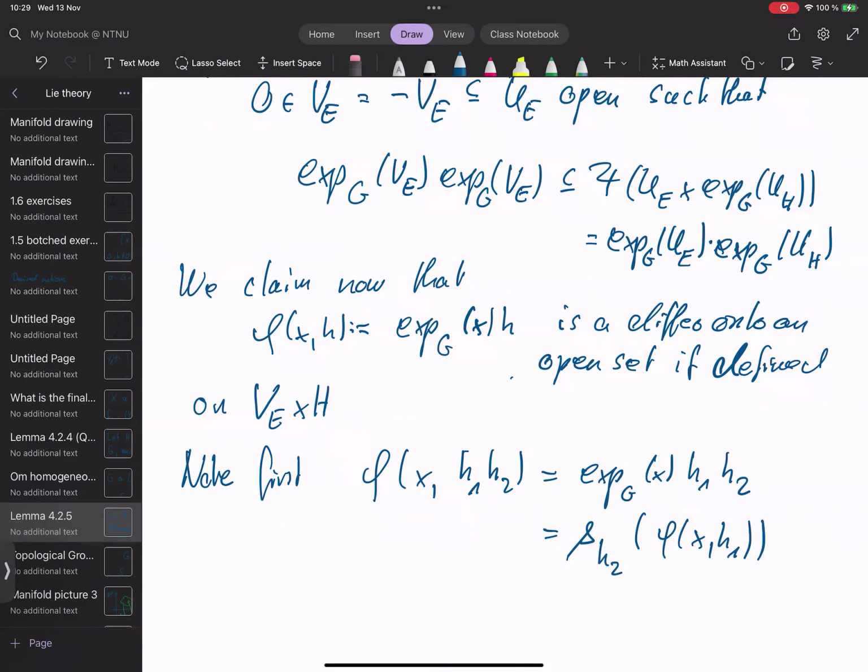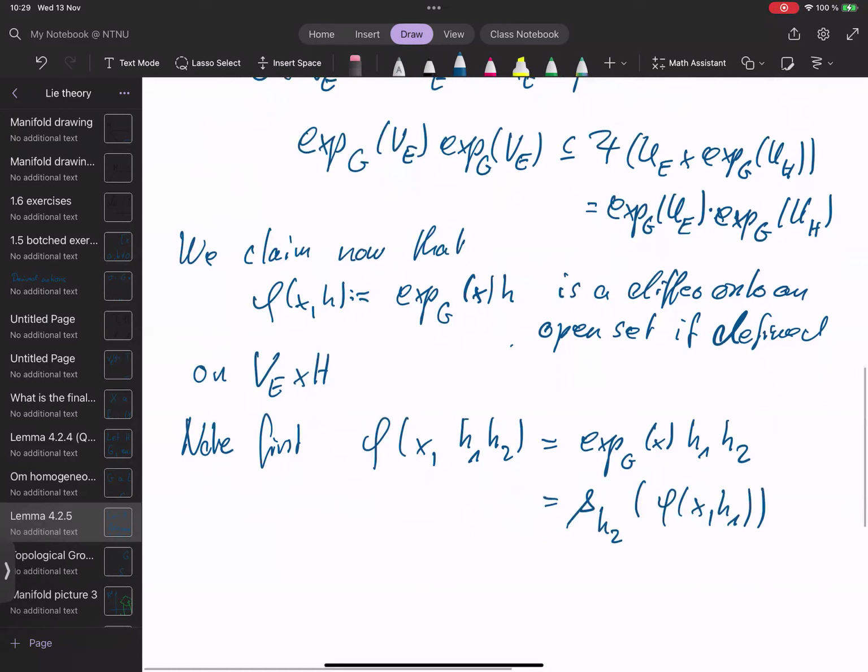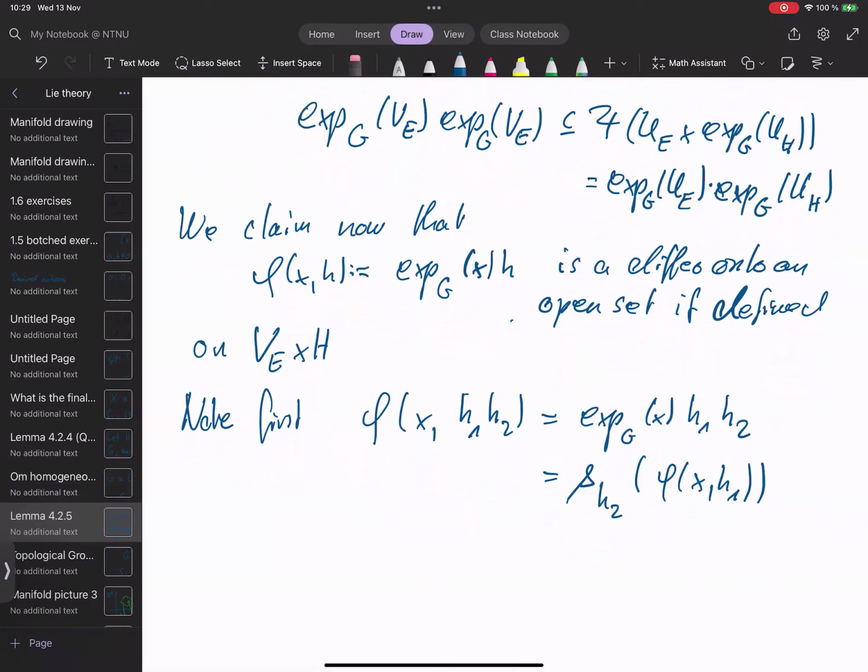So I can pull out stuff with right multiplication, and this is useful since a quick calculation shows that if I take the tangent map at any point (x, identity element of H) of this phi, then this turns out to be just the tangent map at the point x of my map exp_G.